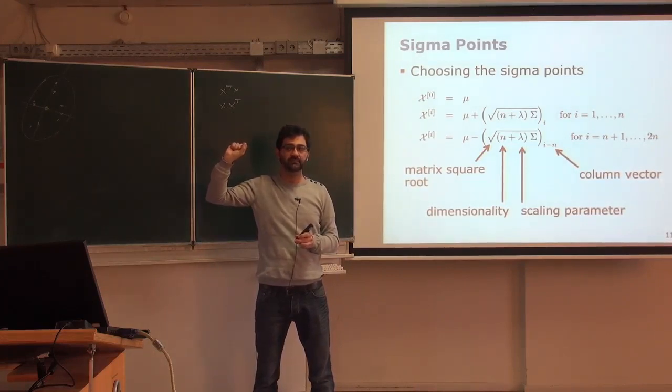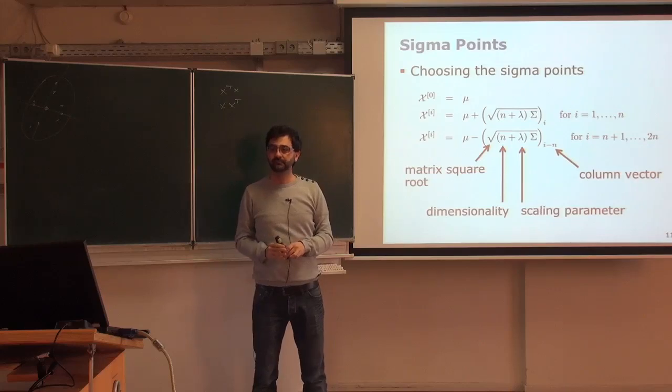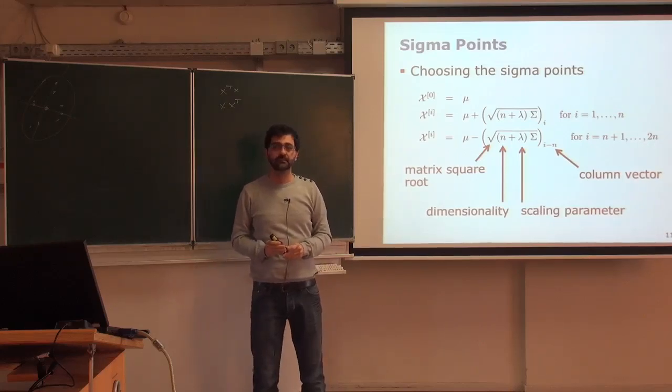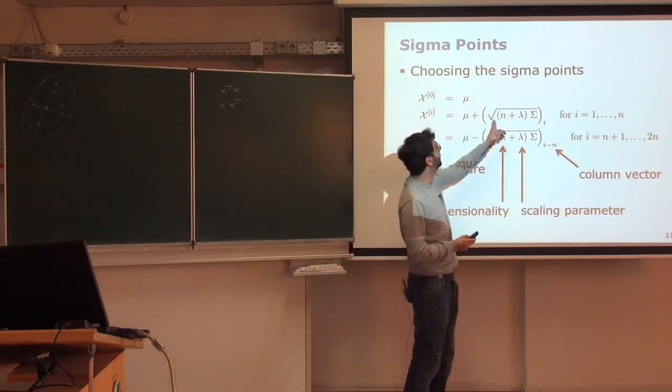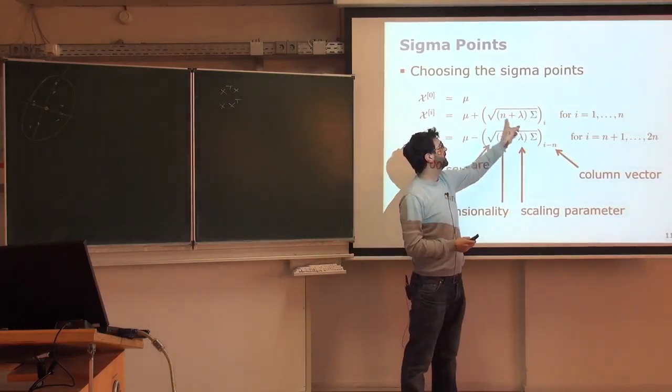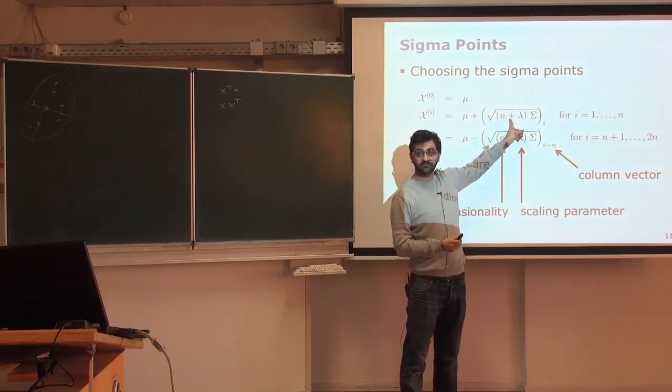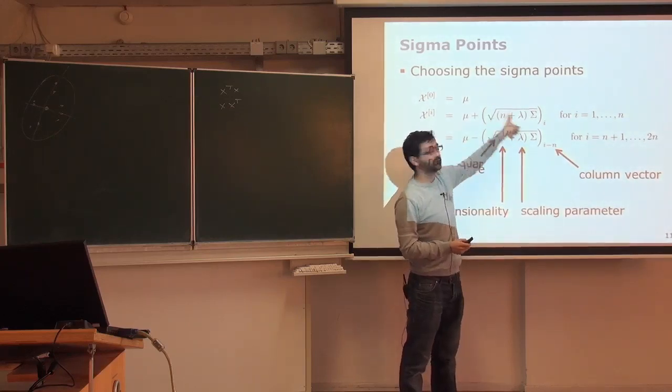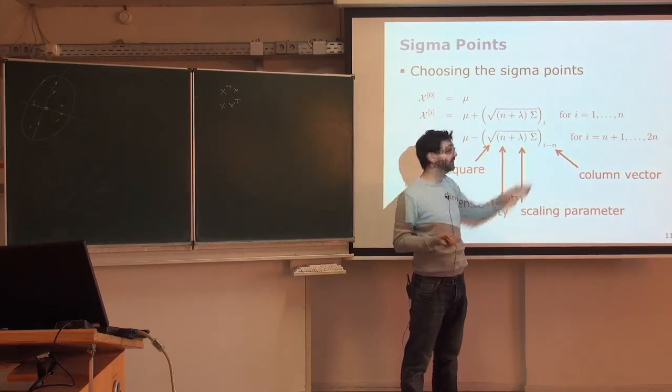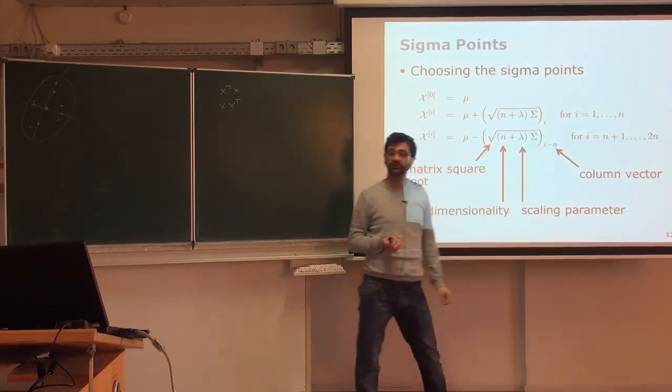Any question? So again, this notation is the ith column vector of my covariance matrix. Exactly. So there's a covariance matrix. You multiply by a scalar, okay, and then you take the square root. This gives you another matrix, and then you take the ith column of this matrix.